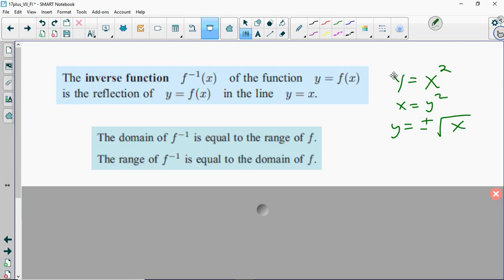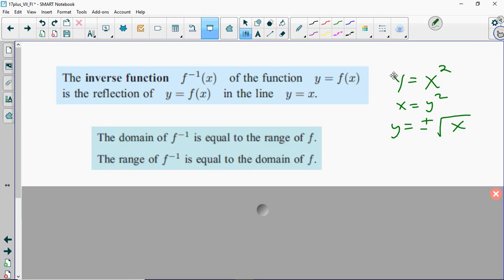And I know that that's not a function because if I put in one particular x value, say I put in 4, then y could be equal to plus or minus 2. And a function is going to have one y value for each x value.